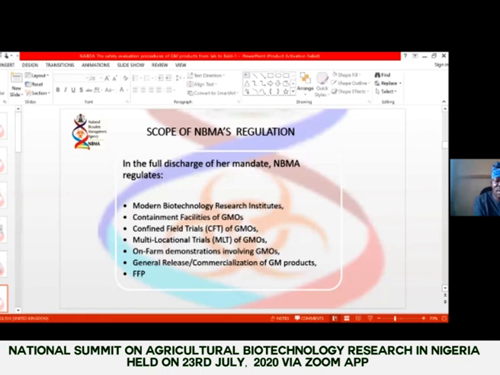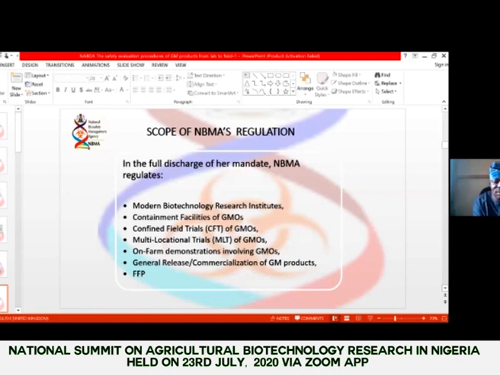These are small fields where genetically modified organisms are released so that their performance in the natural environment is assessed. Then multilocational trials to assess these organisms at various ecological zones.